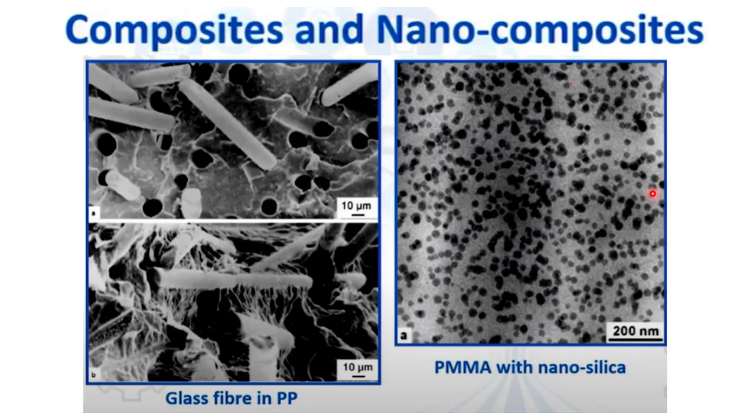Next is the fiber modified composite or nanocomposite. So if you want to check how failure takes place, after failure, if you check the cross section, you see both are 10 micrometer. So it is showing that the fiber can be easily taken out because it is not well interacted or well bonded with the matrix.